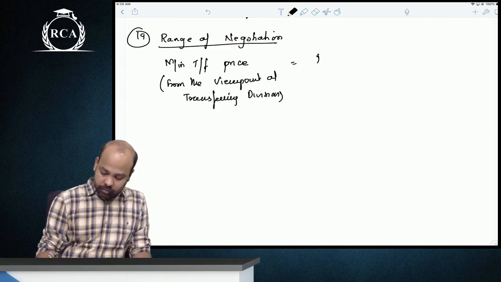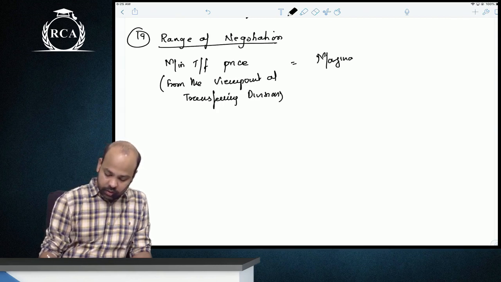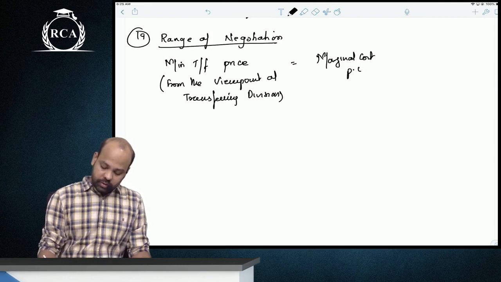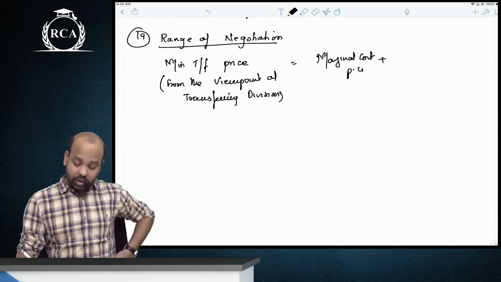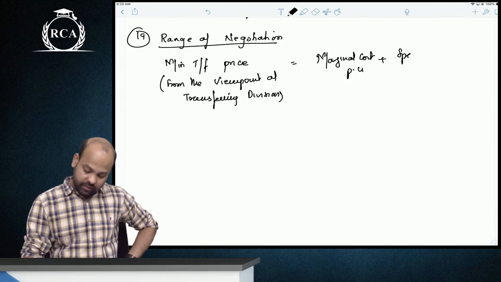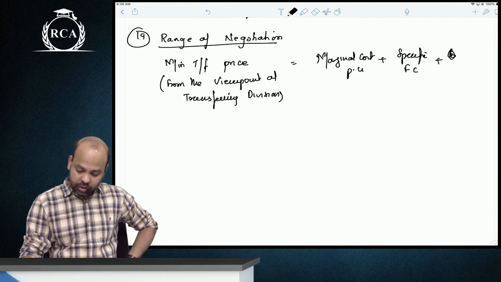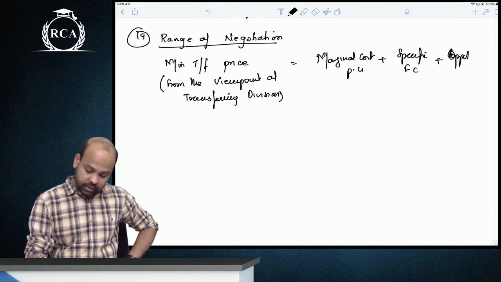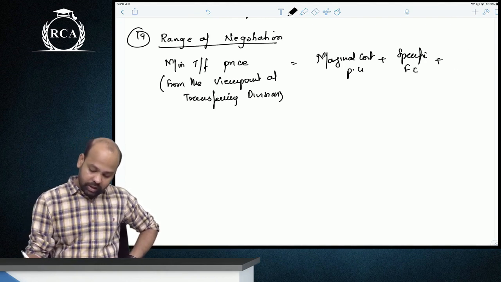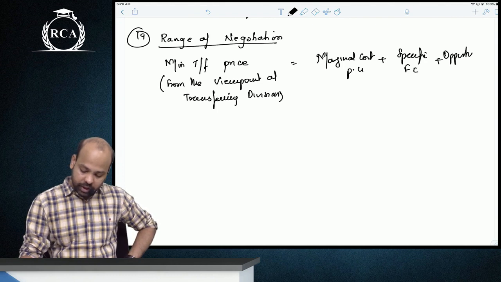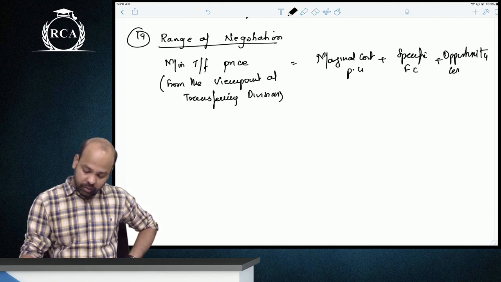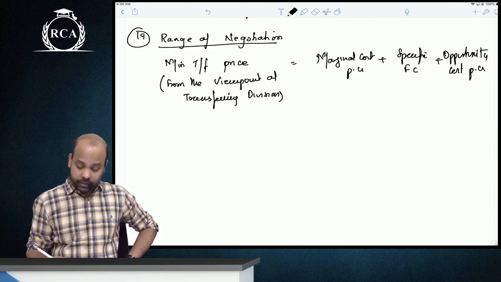This would be your marginal cost per unit, plus any other additional outlay, any specific fixed cost that we are incurring because of this, plus opportunity cost, whatever is the amount of opportunity cost. This would be the amount of minimum transfer price per unit. This is what we have learned so far.